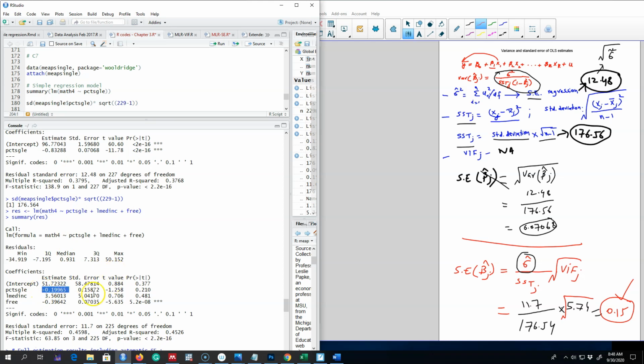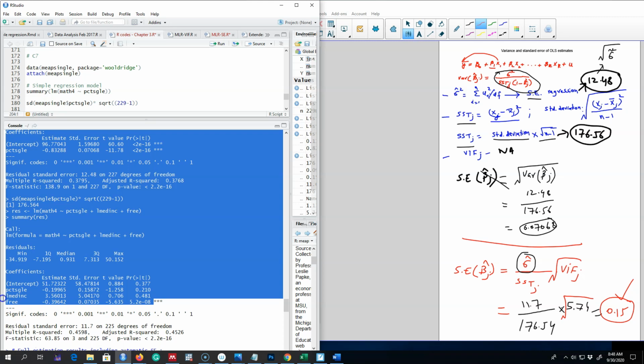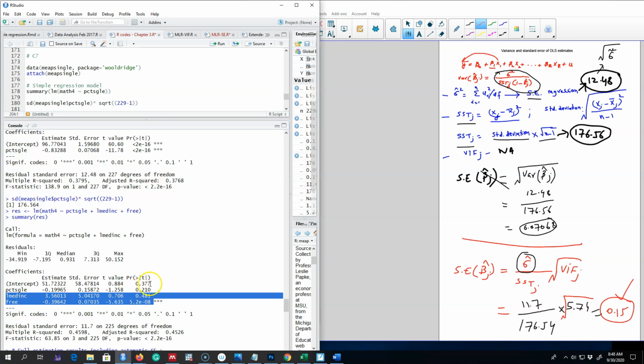But on the other hand, the variance is increasing, and this is exactly what we saw in some of the previous videos, that the variance of a simple model is always less than the variance of a multiple linear regression model that is controlling for other variables. It may increase the variance of your variable of interest.